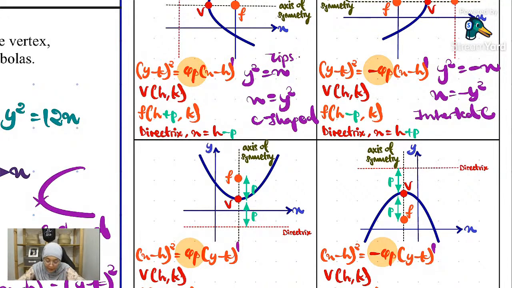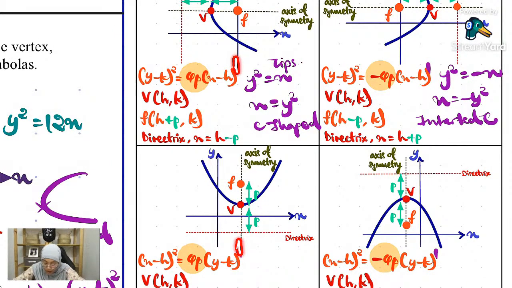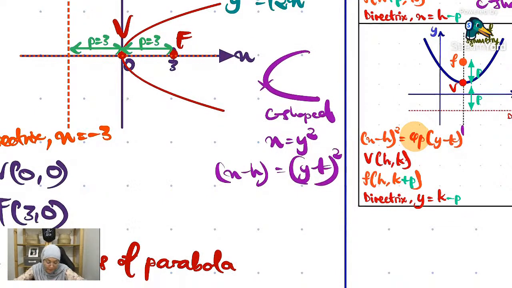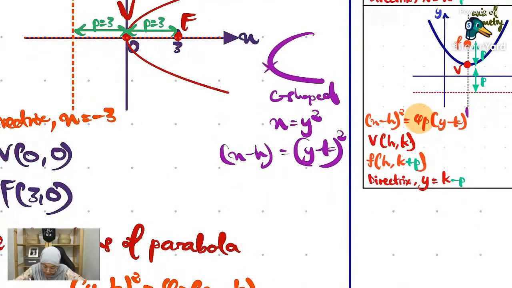The 4P there is according to whichever has power 1. Okay, this one is power 2. Do you all understand? If you understand, please say understand so that I know I'm not explaining to myself.